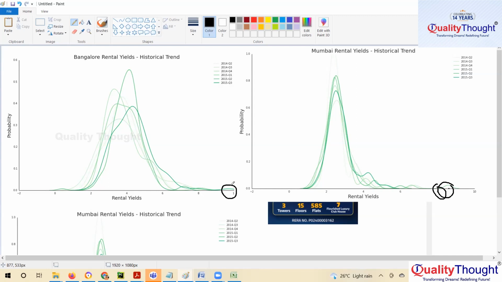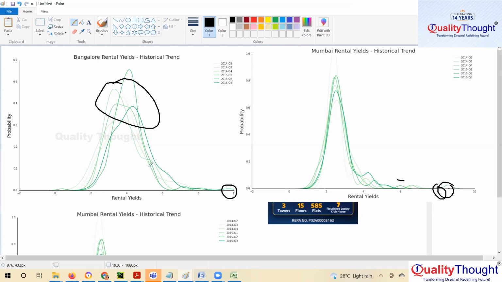So even if you go by the highest, Bangalore is higher than this, isn't it? Look at this, the bulk of this, okay? Though this is the highest, the number of people, the probability, is so less. Probability of getting 1 is so less.